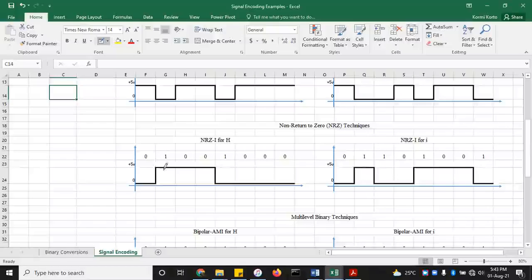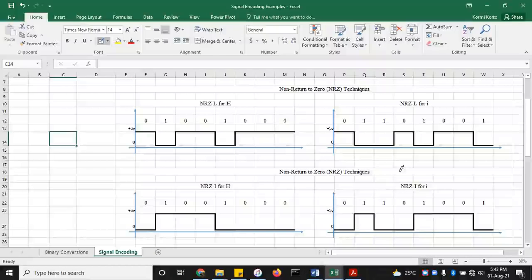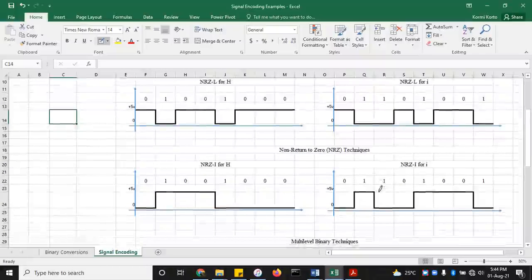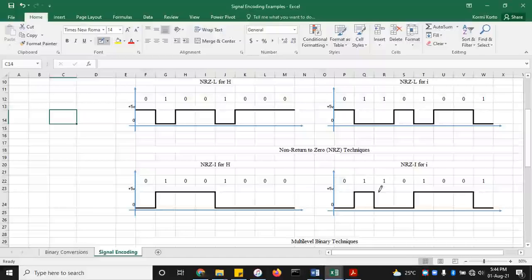So this is what you're going to have for your non-return to zero inverted for lowercase i. That would be the signal that will be generated for the computer to send down the circuitry board, either through the airwaves or through a twisted pair copper wire medium.